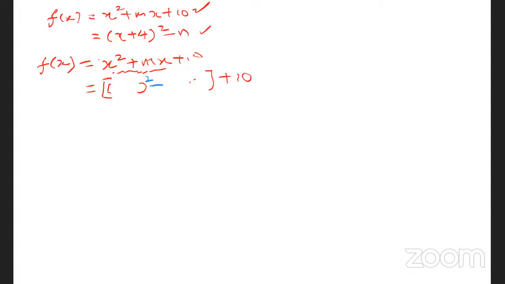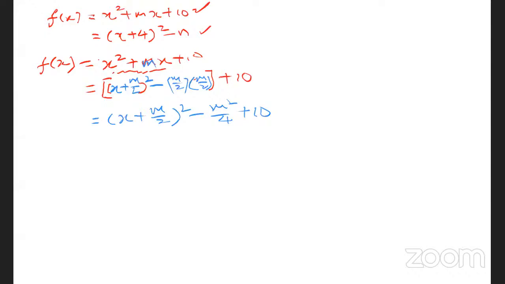And then now you copy. Same question. Again, the coefficient is m over 2. Same number also. I want you to do it. (x plus n over 2) squared minus n squared over 4 plus 10.